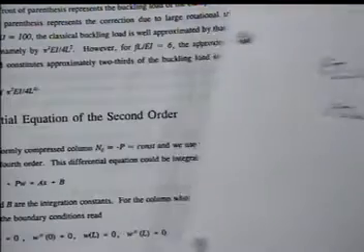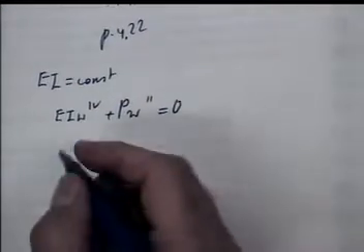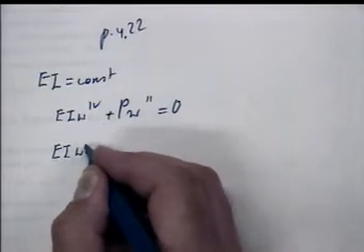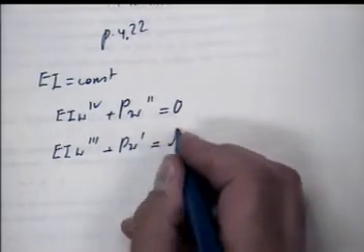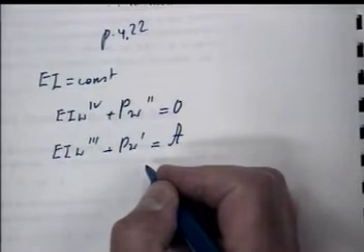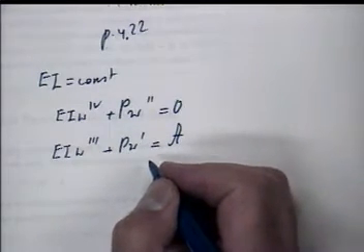Now we can integrate this, and we get EI W third derivative plus P W first derivative equals A. This is one integration.